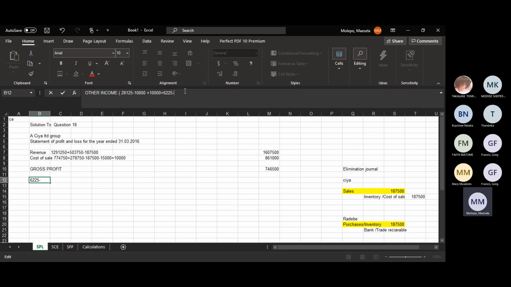The accountant of Hadebe was confused and accounted for the interest on debenture in the other expense. So remember, it was an interest income. Instead of recording it as interest, he recorded it on the income for the general expenses. So when he accounted for the expenses, he added that income. Do you follow? So now we have to subtract it.